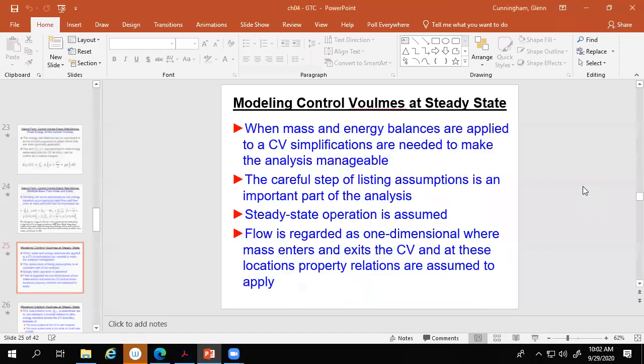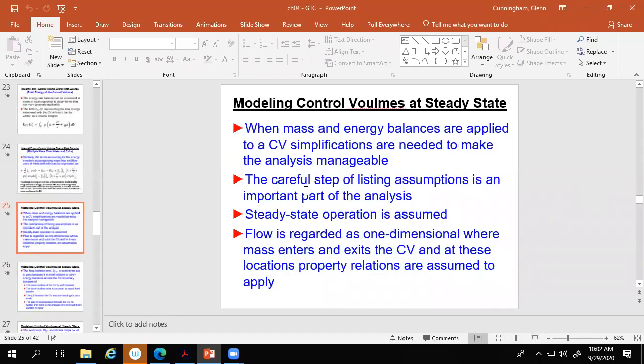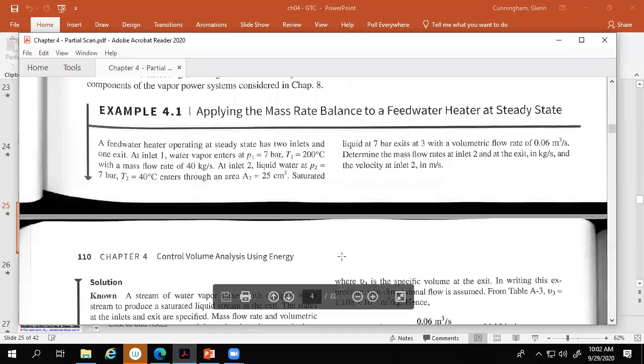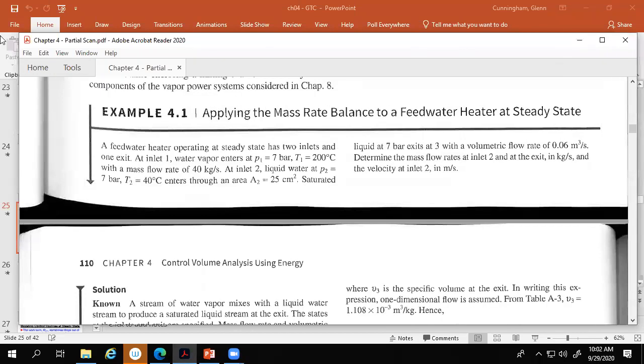Okay, so I think right now I want to split off of this, and I want to look at a couple example problems. These are actually in your text, but I think they're pretty good. I meant to do this, but I forgot before we jumped into the energy discussion, but that's okay.